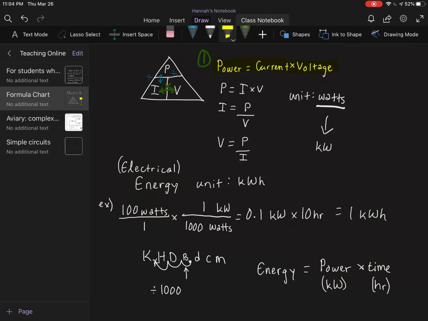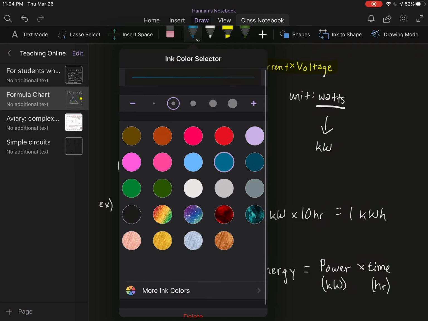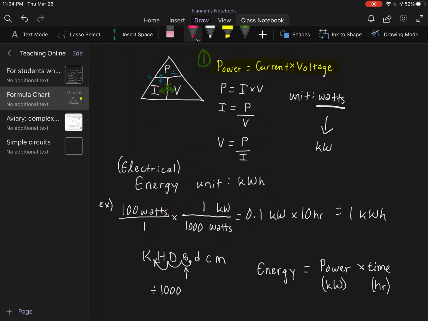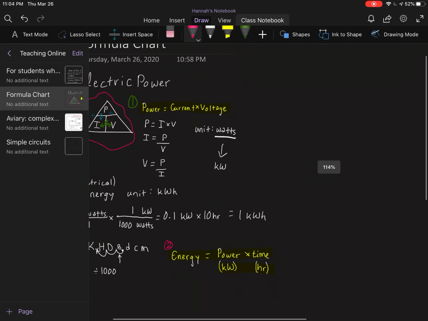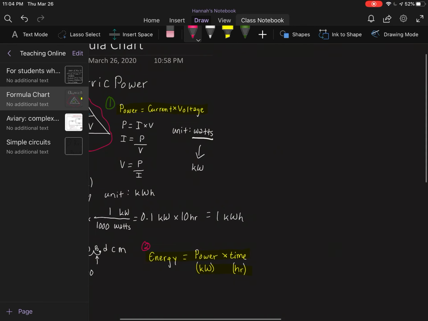Okay, and also I would like y'all to include the triangle in your notes or your formula charts, depending on what assignment you're doing, because I do want y'all to have those for your quizzes. Okay, for electrical energy, this is the formula that we're looking at. Okay, so that's your first two.